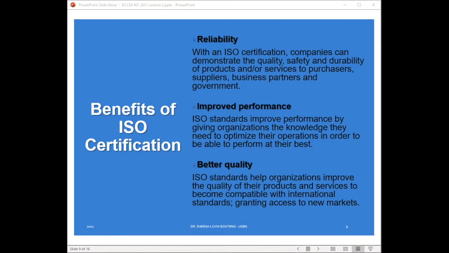And they satisfy these requirements in the eyes of not just their fellow organizations within the same sector or the regulatory bodies within the sector that they operate, but they have also done it in the eyes of the purchasers, being the customers who spend their money to buy, as well as suppliers who supply them with raw material. Because you know there are certain suppliers who are very picky about the companies that they sell to and the companies that they deal with.